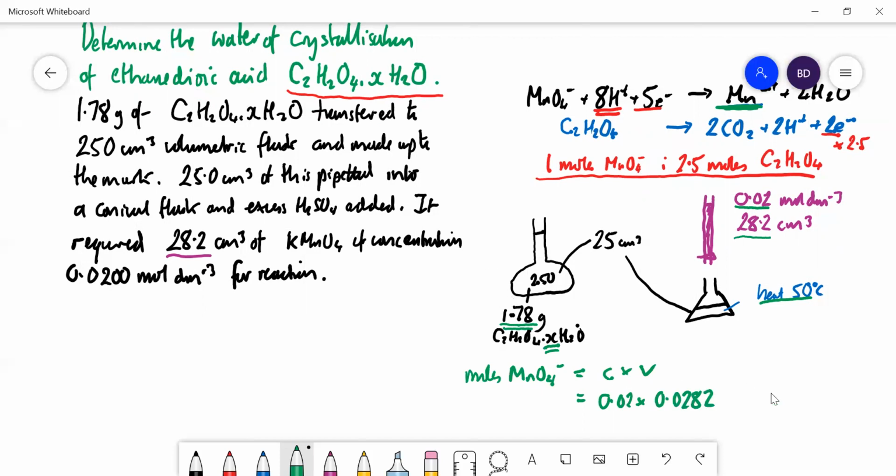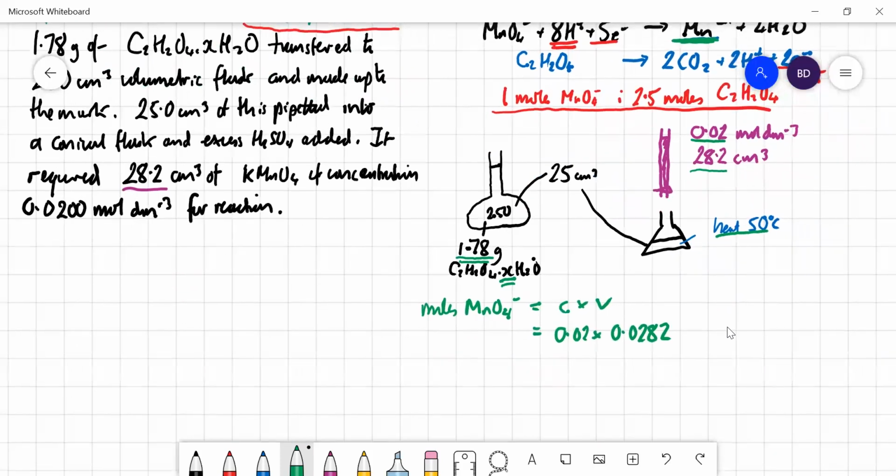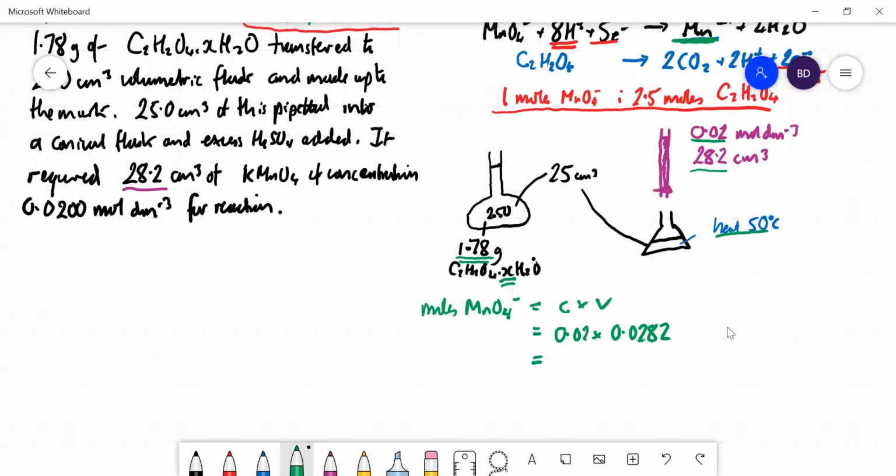And that works out to be 5.64 times 10 to the minus 4 moles of manganate.